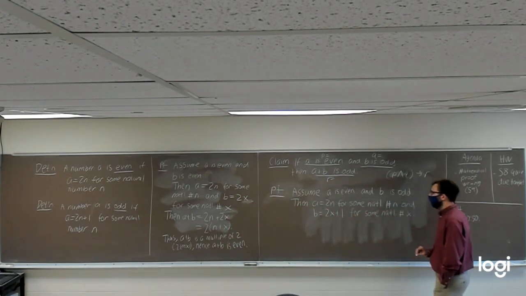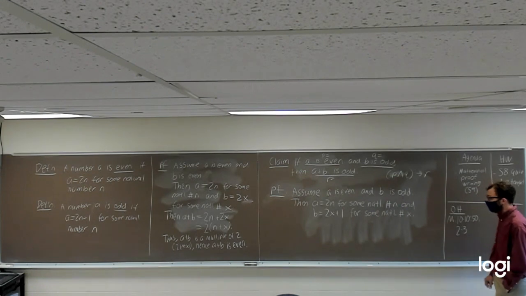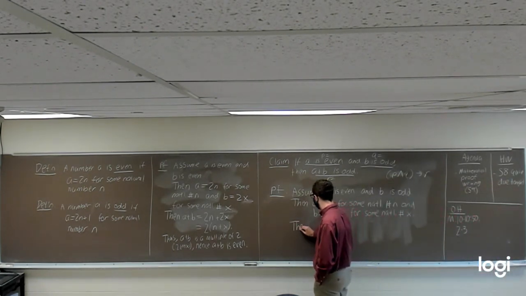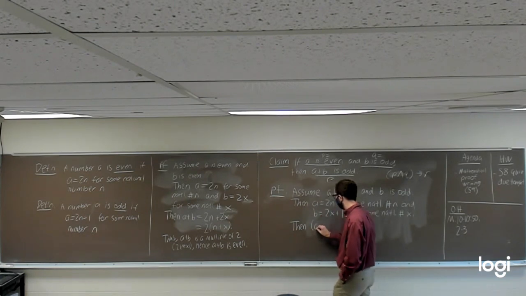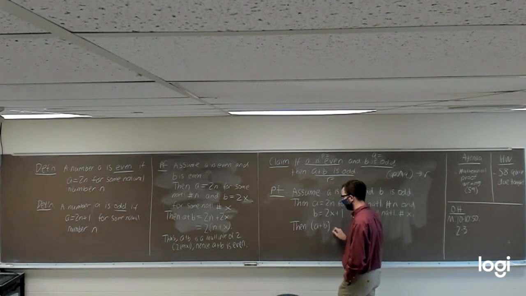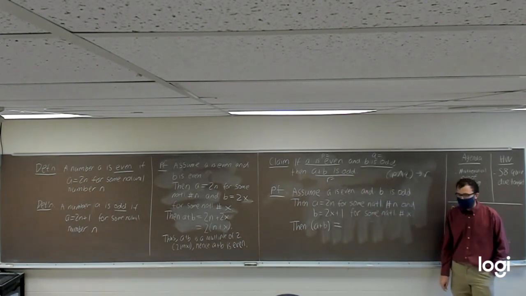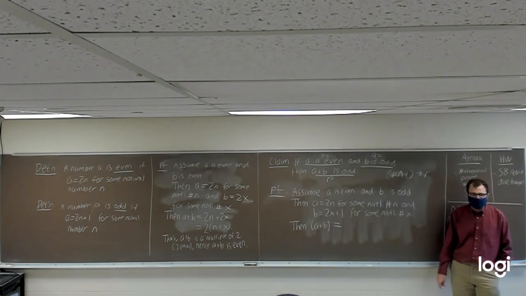So A is equal to 2n, B is equal to 2x plus 1. So what does that tell us about A plus B?